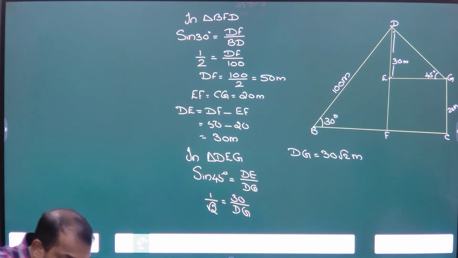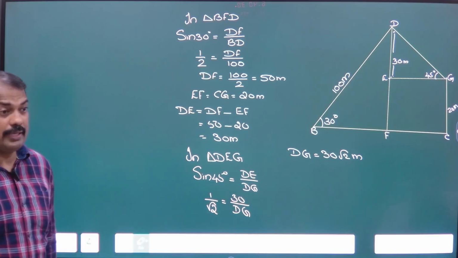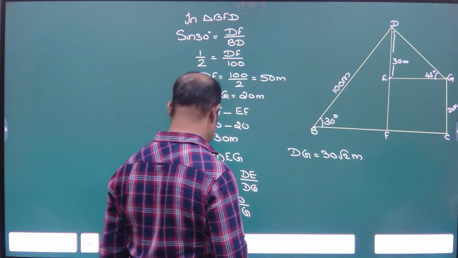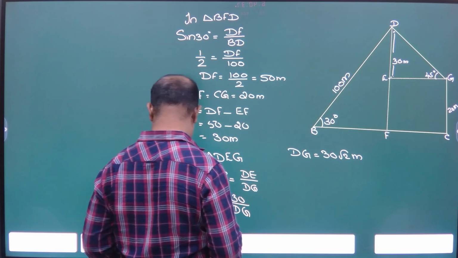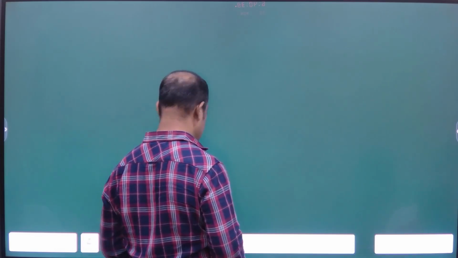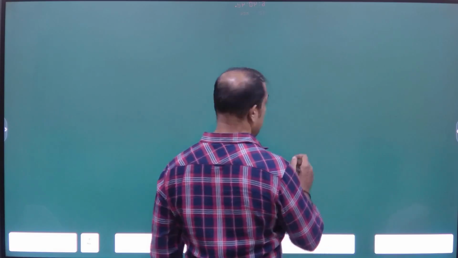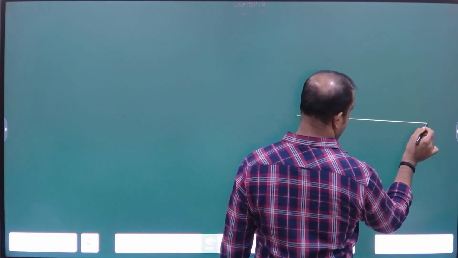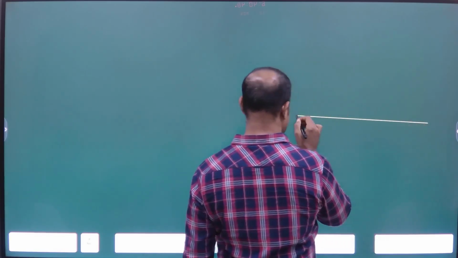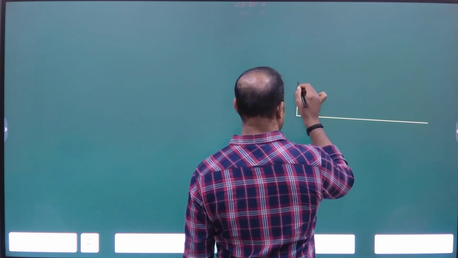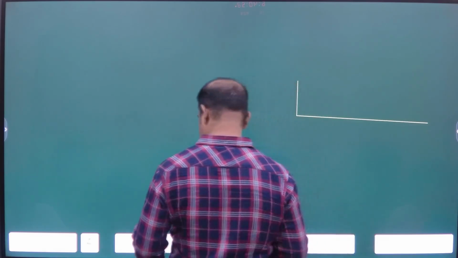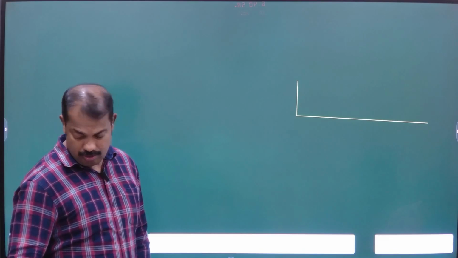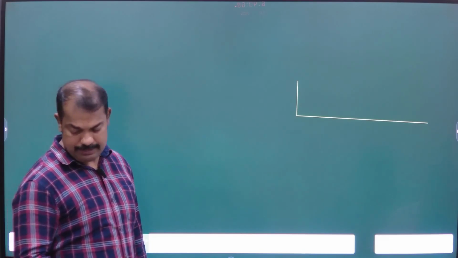Where is the man? Standing on the deck of a ship. So draw the figure. A man standing on the deck of a ship which is 10 meters above water level.